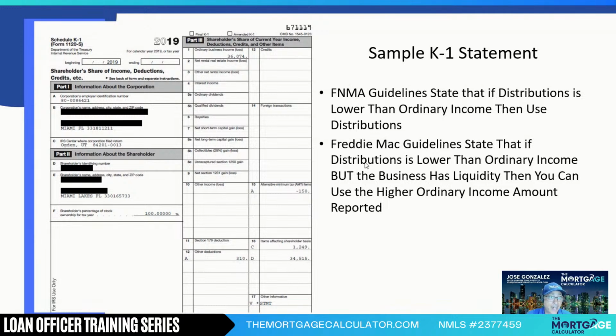However, Freddie Mac guidelines state that if the distributions is lower than the ordinary income, which in this case it happens to be, but the business has liquidity, in other words, assets are greater than liabilities, then you can use the higher ordinary income amount reported. So, in an extreme example, ordinary income $100,000, distributions $30,000.